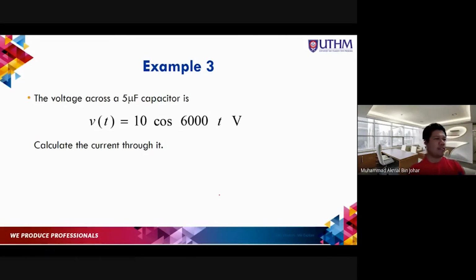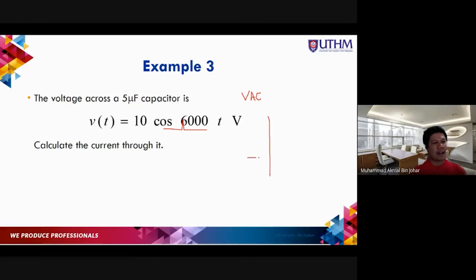Apabila voltage tersebut dalam bentuk cos ataupun dalam bentuk sin, ia merupakan apa dia? Dia merupakan alternating current atau alternating voltage. This is a VAC. Okay, nanti selepas ini kita akan belajar AC, tapi ini contoh-contoh how the expression of voltage AC.